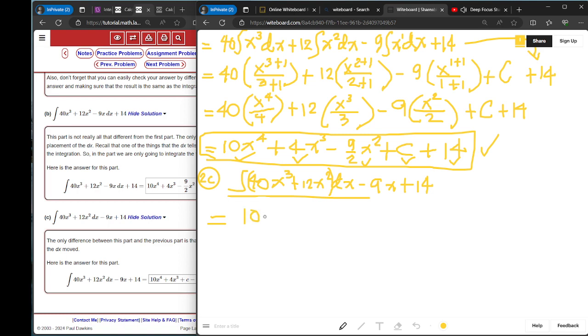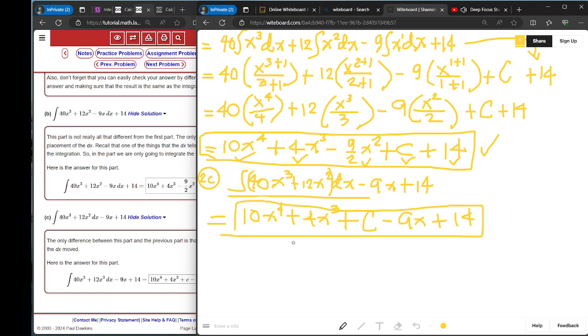So this is 10x to the fourth plus 4x cubed plus c, minus 9x plus 14. A plus c is actually any constant value that we have to add to our equation. In higher mathematics, I think there are ways to solve for the c, or the constant value.